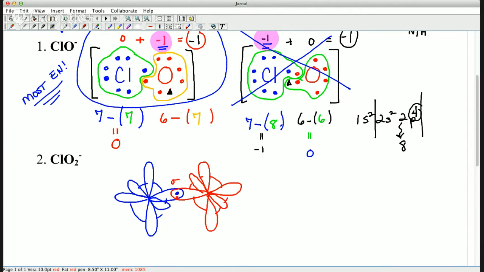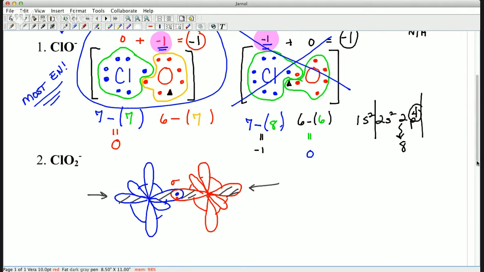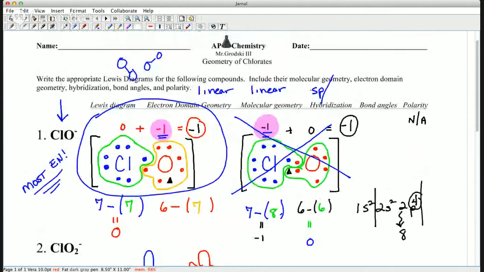Anytime I have terminal endings, this bonds on one side. Once you bond to one p orbital, these p's are now filled, and you can't bond to the other side. So we do not need hybridization to explain this. Now, if you want to say sp, I can't take it away from you, but you can say none as well. Bond angles are 180 degrees.